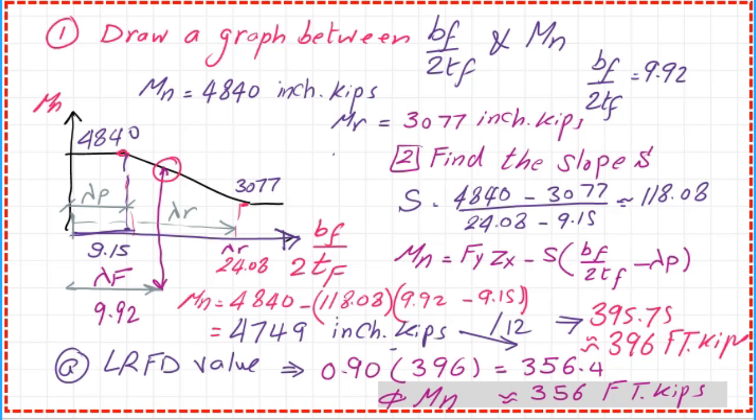For the LRFD design, multiplied by phi equals 0.9 by 396 equals 356 feet kips.